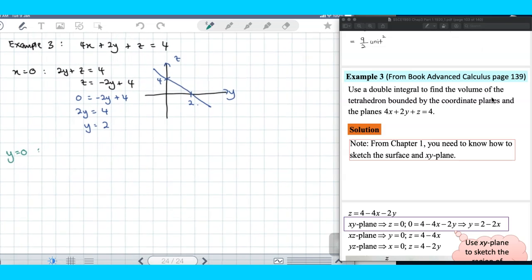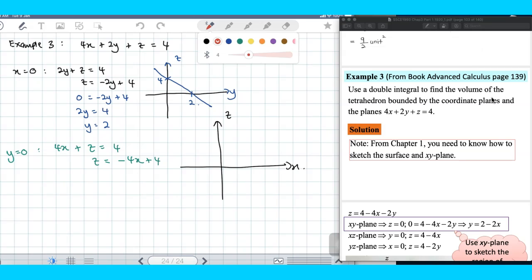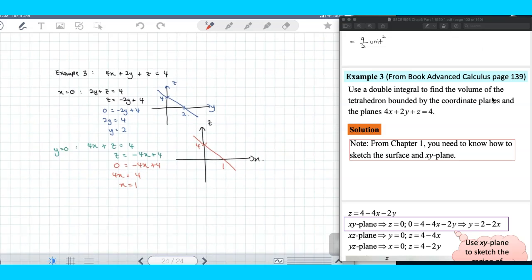You have 4x plus z equal to 4, and z is minus 4x plus 4. When you sketch the graph on the zx plane, you get a negative slope, at z it is 4, and at x you set z equal to 0. So 4x equals 4, and x is 1.